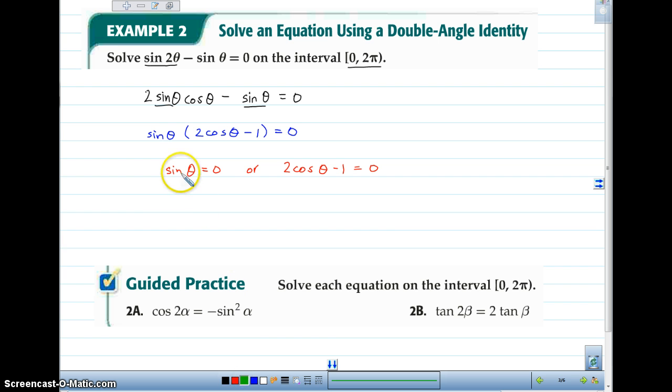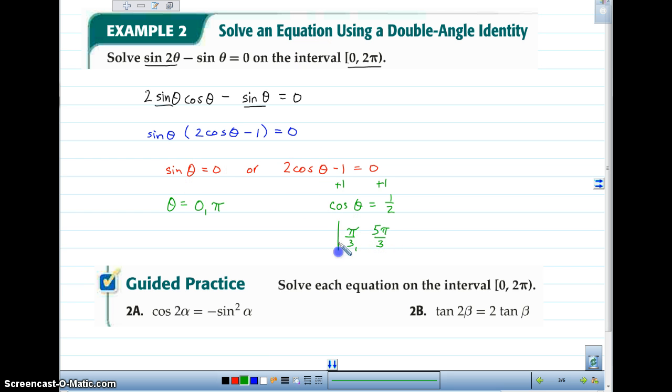We solve for everywhere where sine is 0. That would be at theta equal to 0 and pi. And if we solve this one, we're really solving for when cosine of theta is equal to 1/2. Cosine is going to equal 1/2 at, let's see, pi over 3 and 5 pi over 3.